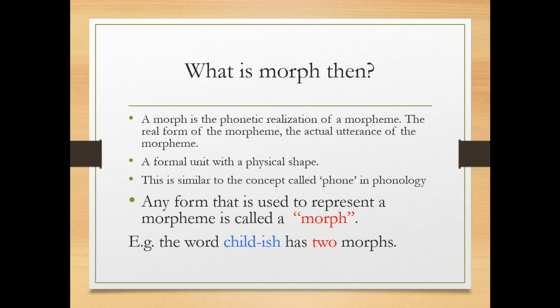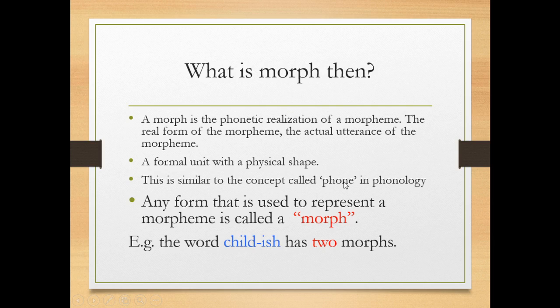The real form of morpheme, the actual utterance of the morpheme is called morph, a formal unit with a physical shape. The one which is written here, it is morph. This is raw, because this is real. We can see it. This is actual. It has a shape. Either we phonetically realize a morpheme, it becomes a morph, or we orthographically realize it.